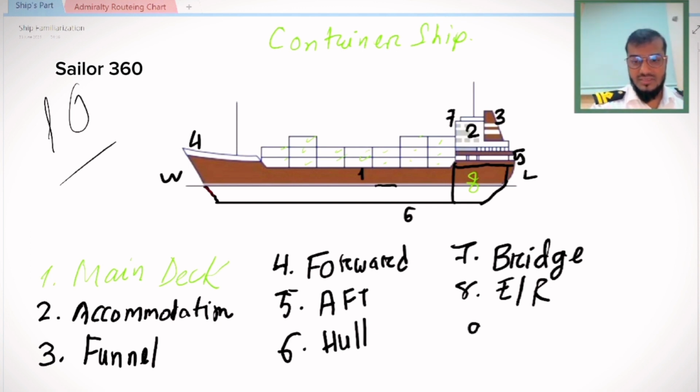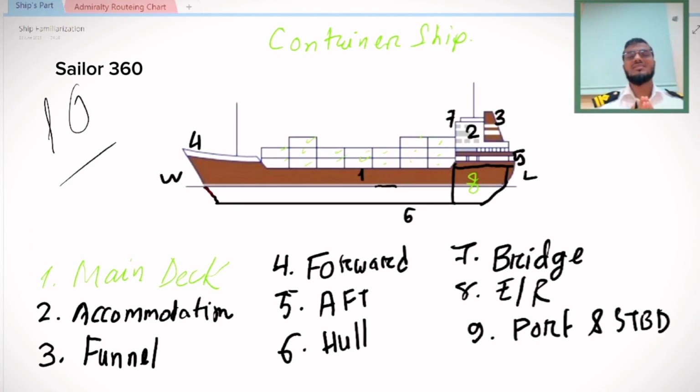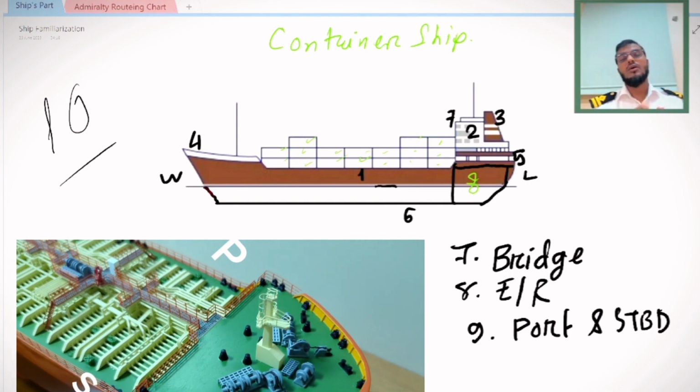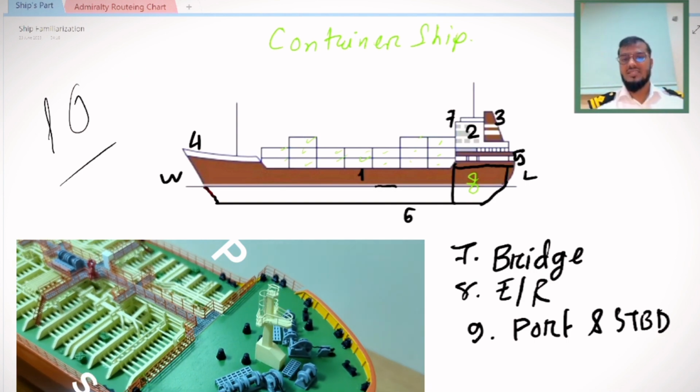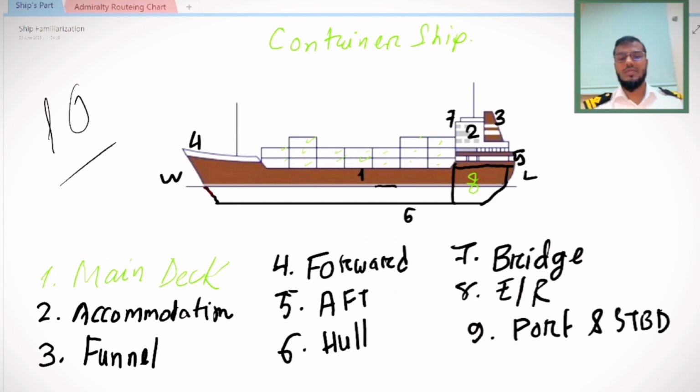So we can write number 9, and this is considered seen from the bridge to forward. That means on my right side it will be starboard side, and on my left side it will be port side.